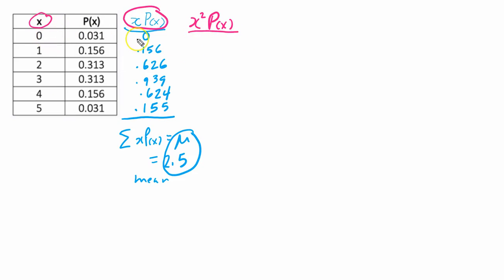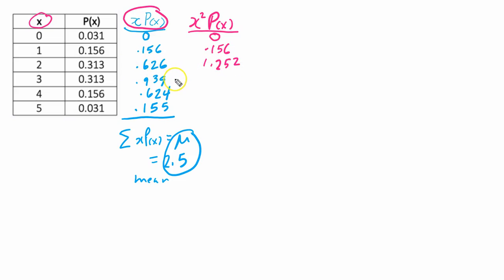So I'm going to get 0 times 0. I'm going to get 1 times 0.156. I'm going to have 2 times 0.626, which is going to be 1.252.